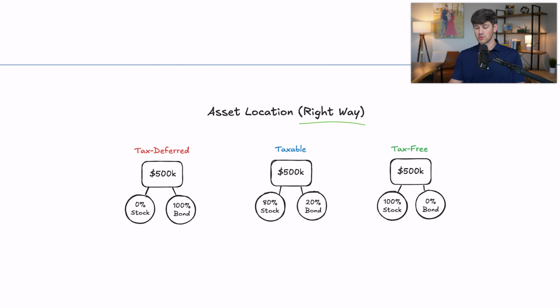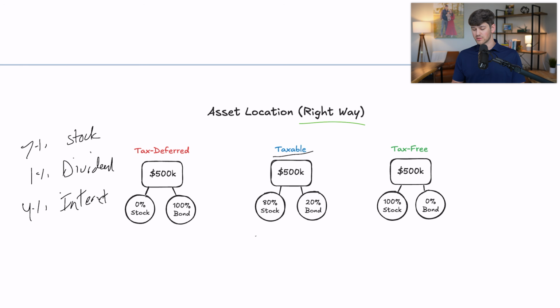So again, we're going to assume, let's write that down, the 7% stock growth, a 1% dividend, if we go back and remember what we're doing there, and then we have 4% interest on the bonds, okay? So if we assume that here again, let's start with the taxable brokerage account, all right? So 500,000, they're all starting at year one, 500,000 each account. 80% of 500 is $400,000.